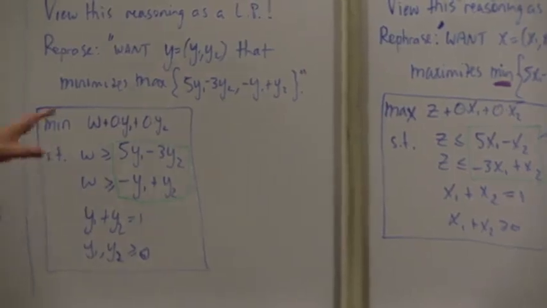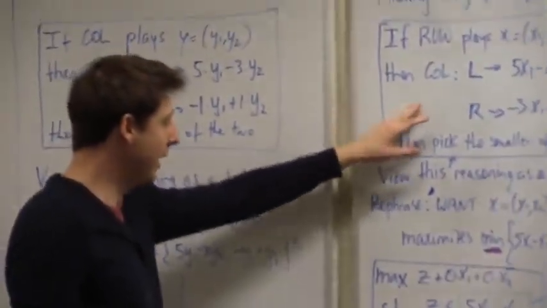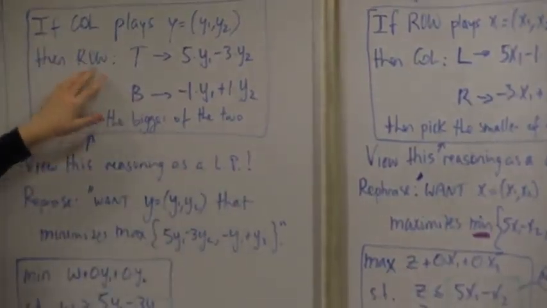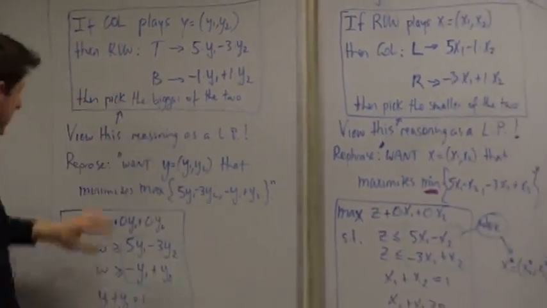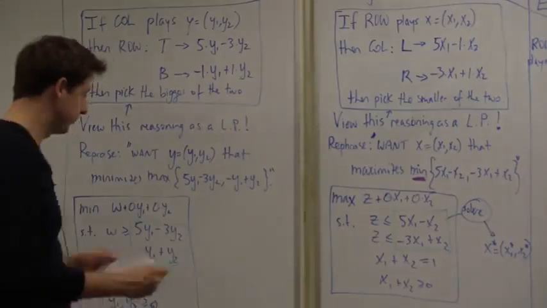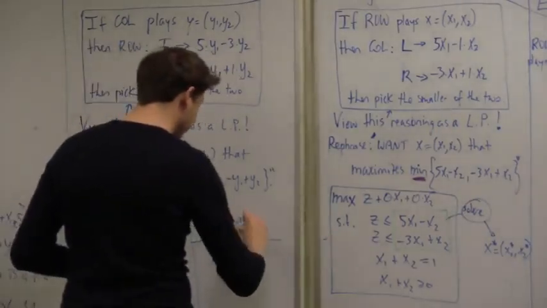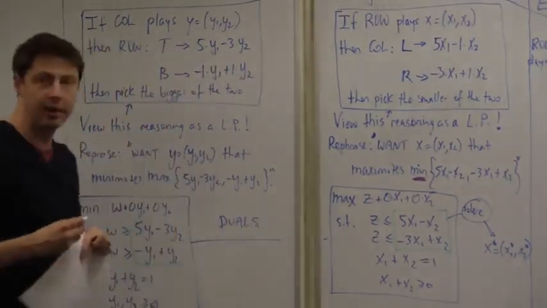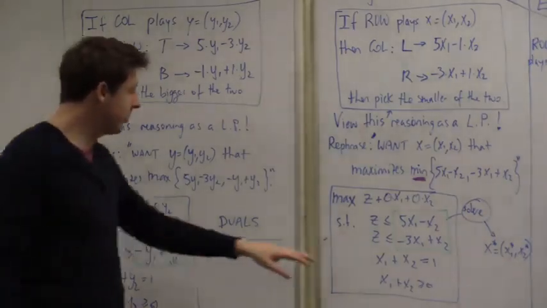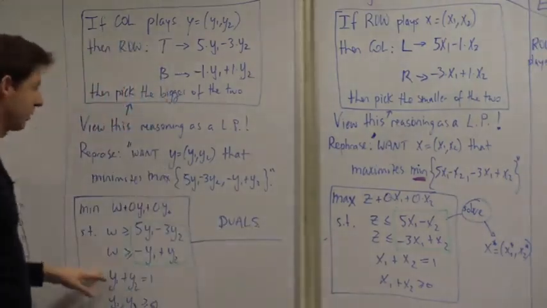But this is telling us that looking for the best strategy for the row player, it is this linear program. Looking for the best strategy for the column player, it is this program. And because these are duals of one another, strong duality tells us that the maximum value of this program equals the minimum value of this program.